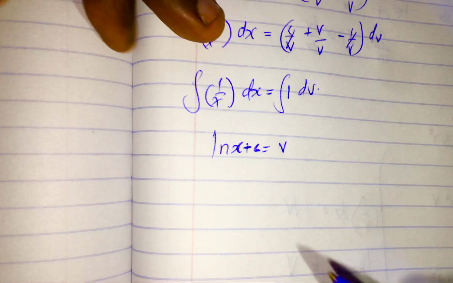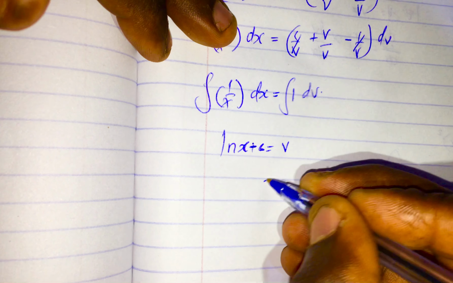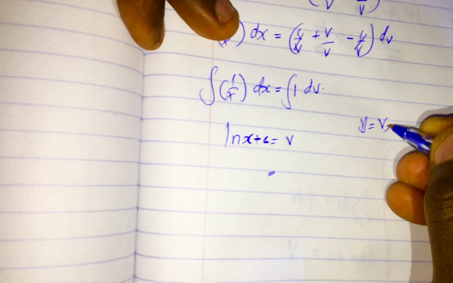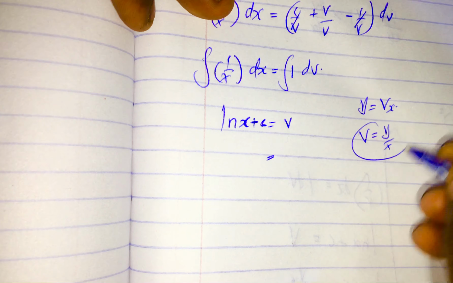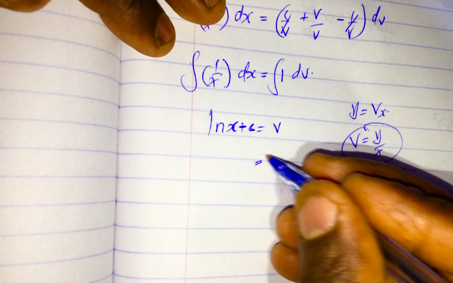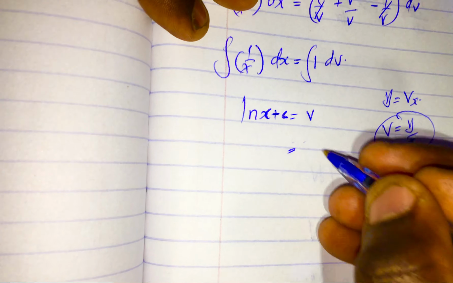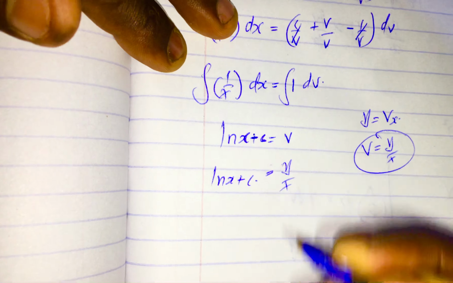After integration, you replace the value of v. As a recap, y is equal to vx, so v is equal to y over x. So you replace that value of v on this other part, and you're going to have y over x equals natural log of x plus c.